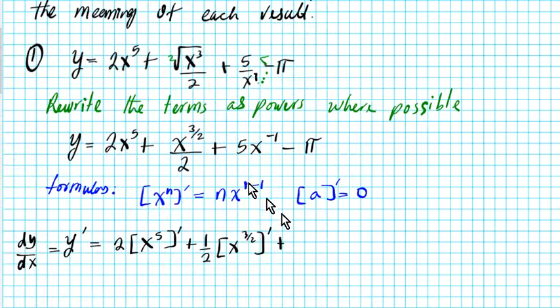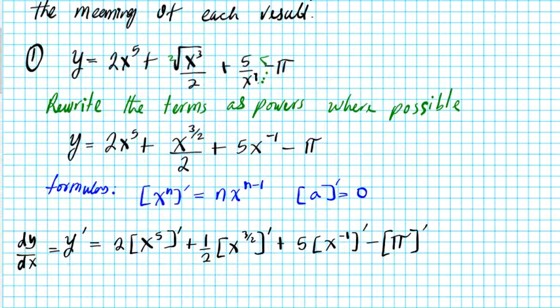In this term, you factor out the 5 times x to the negative 1 prime. And then you differentiate the constant term, pi. Pi is a constant, it's not a variable, even though it's represented with a letter. It's a constant 3.14159, goes on and on, that irrational number. Alright, so keep that in mind.